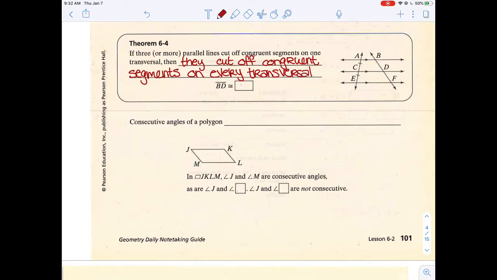So what this is saying is, since these three lines are parallel, and this shows that AC is congruent to CE, then we know that over here on this other transversal, each of the segments is congruent. So BD is what they give us, and that's congruent to DF.